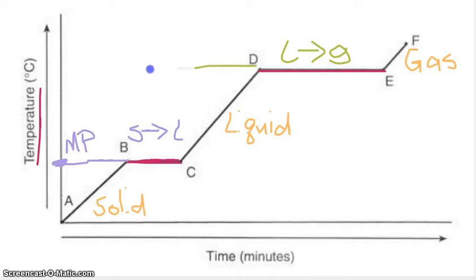So if we follow this one over and mark it on our temperature, this would be our boiling point. So at this spot, we would have a boiling liquid where we are turning a liquid into a gas, and it would continue to stay at this temperature until all of the substance turned into a gas, and then the temperature would rise.